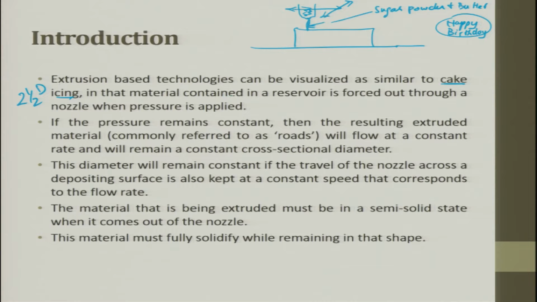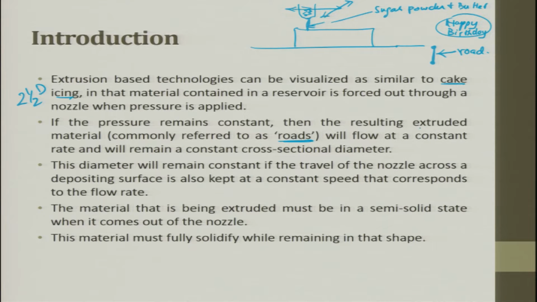The material contained in the reservoir is forced out through a nozzle when pressure is applied. If the pressure remains constant, then the resulting extruded material, commonly referred to as the rod, because when you start pushing it and draw a line, this is called the rod, will flow at a constant rate. Suppose you run very fast when you put down the rod, there can be discontinuity in the line, or there can be a lump of mass at the start and at the end, and in between you will have a thin line.